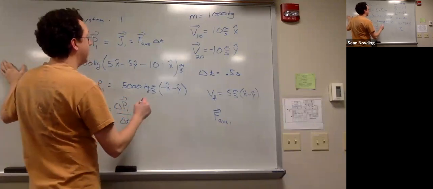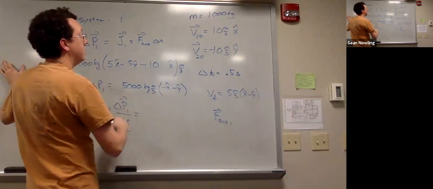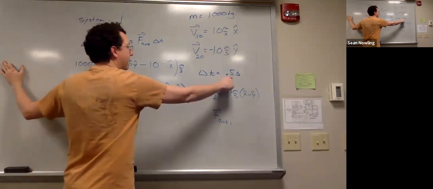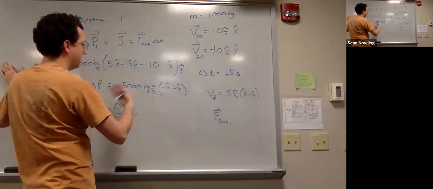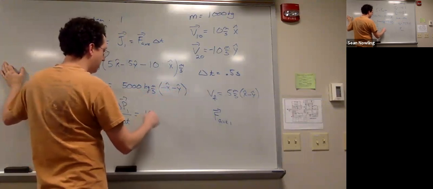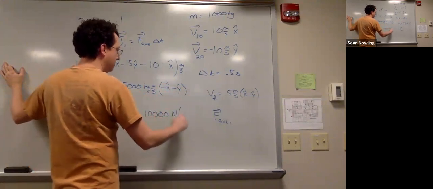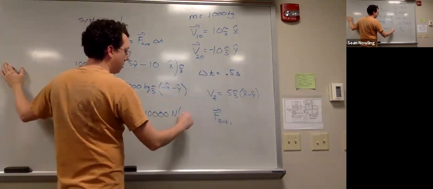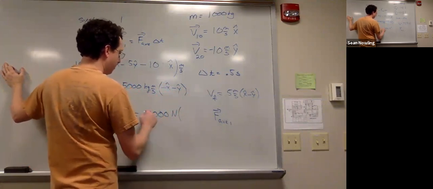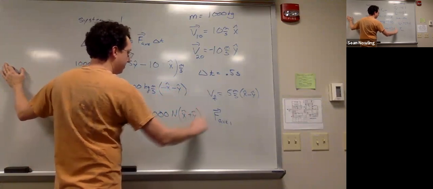And if I think about that, 5,000, got my numbers there, and then I want to divide by delta t, but delta t is a half, which when I divide by it becomes a factor of 2. So that's going to give me 10,000 newtons, and it points along there. So it'd be negative x hat plus y hat.